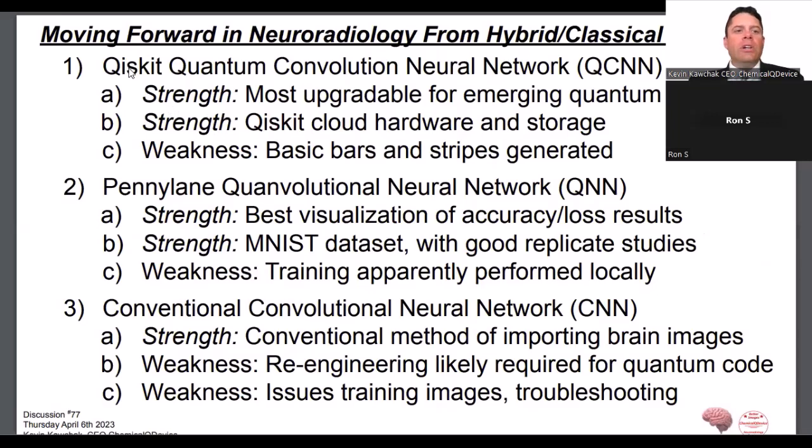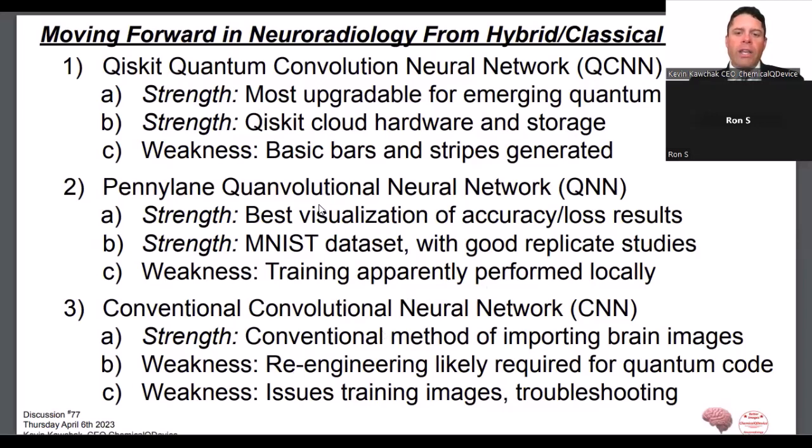And then here, Qiskit is the most upgradable for quantum. These two vary. Like I said, the Pennylane is very simple, I think it's just a kernel that's based on quantum, as opposed to Qiskit with the convolutional pooling layers based on qubits.